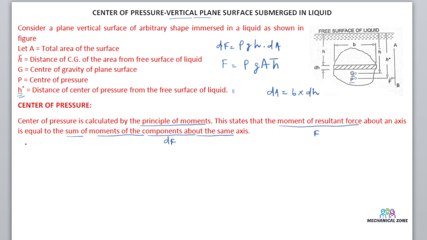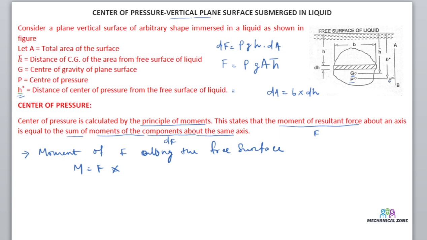So the first step is the moment of force F along the free surface. We will calculate the moment along the free surface. Moment is force into perpendicular distance. Force is F, and the perpendicular distance is this.